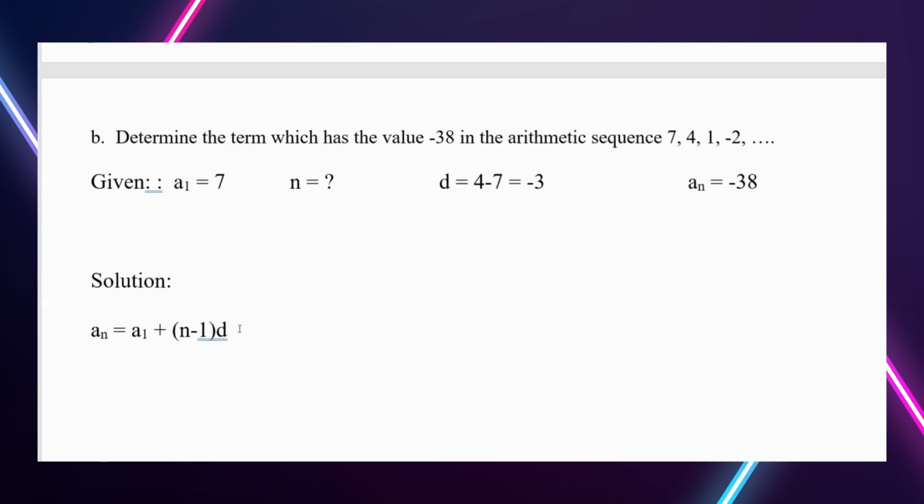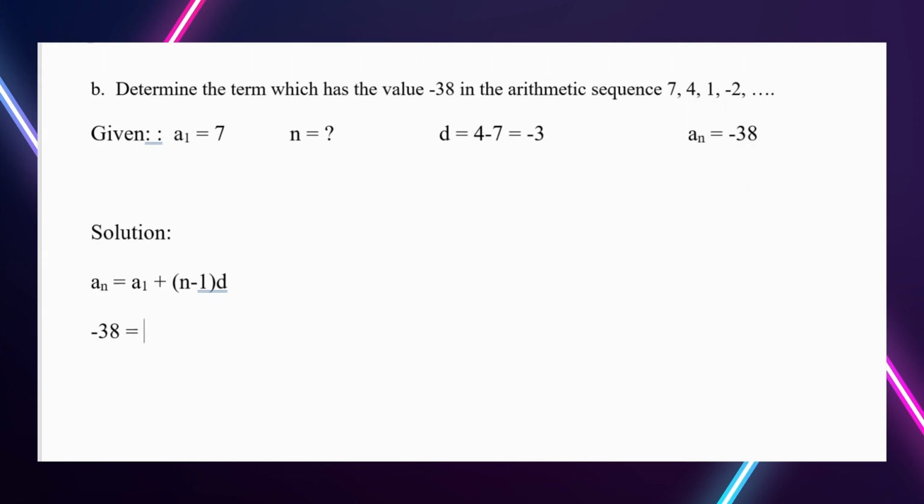So using the arithmetic sequence formula, a sub n is equal to a sub 1 plus the quantity of the n minus 1 times d. We have to substitute the value. So a sub n is equal to negative 38 is equal to the first term, which is 7 plus n minus 1 times the common difference of negative 3.